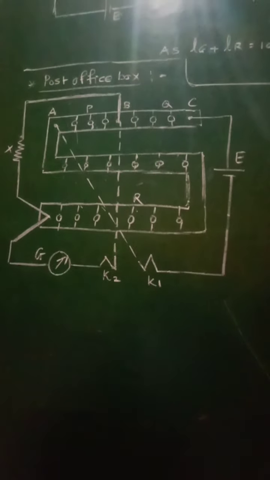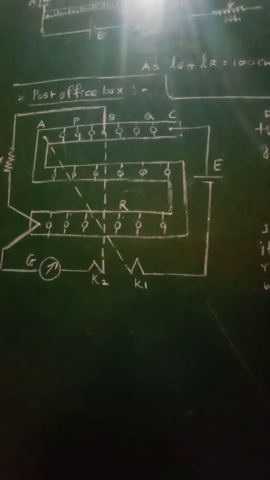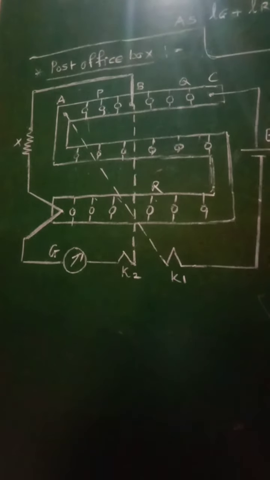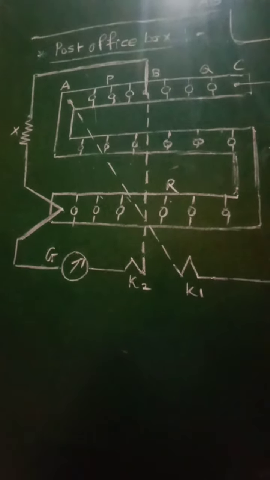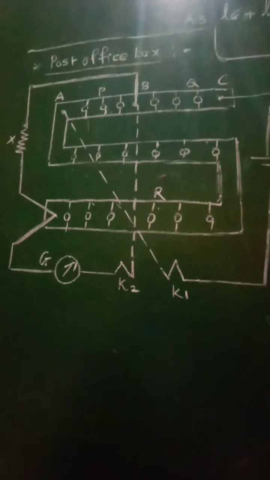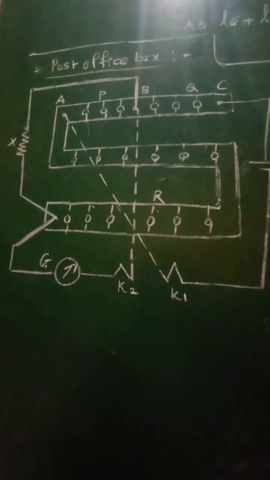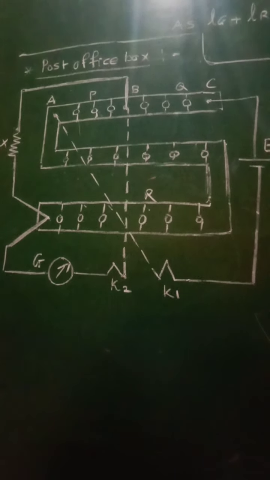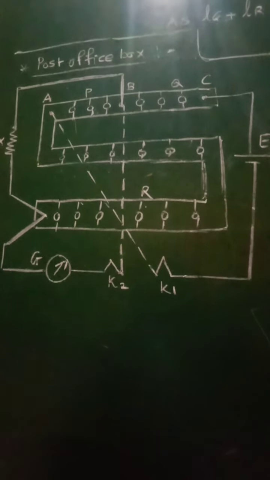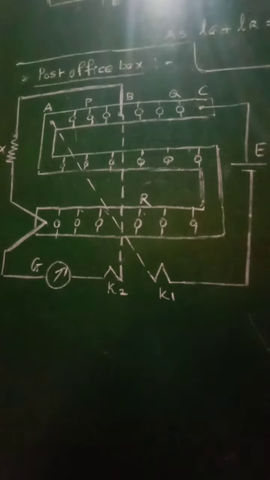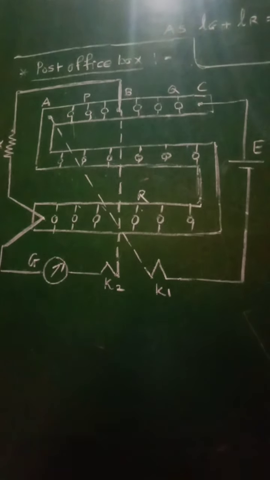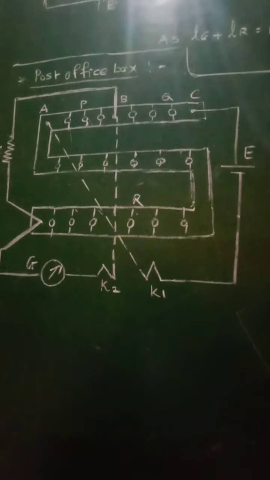Now let us go for the working of this. If you consider the working, the resistances in the arms P and Q are fixed to a desired ratio. Then the resistance in the arm R is adjusted so that the galvanometer shows no deflection, that is null deflection or zero deflection.